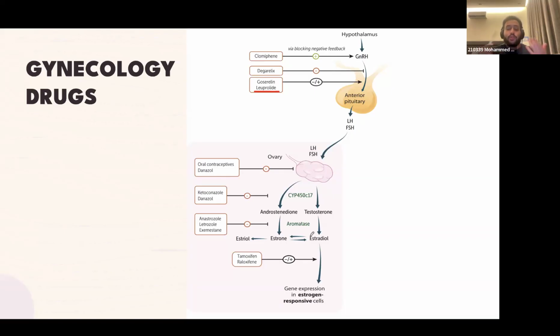This is mostly found in adipose tissue, however it can also be in ovarian tissue. Now, what is the concept behind this? You decrease estrogen. Why would you want to decrease estrogen? You have less negative feedback, so GnRH will increase, LH and FSH will increase, and you have ovulation. Hence why you use an aromatase inhibitor to induce ovulation. So that's pretty much these drugs.